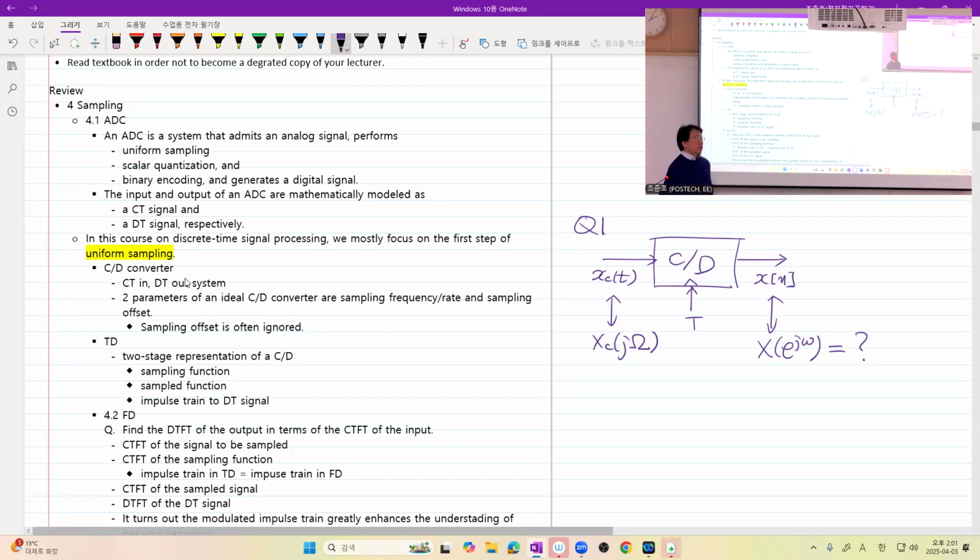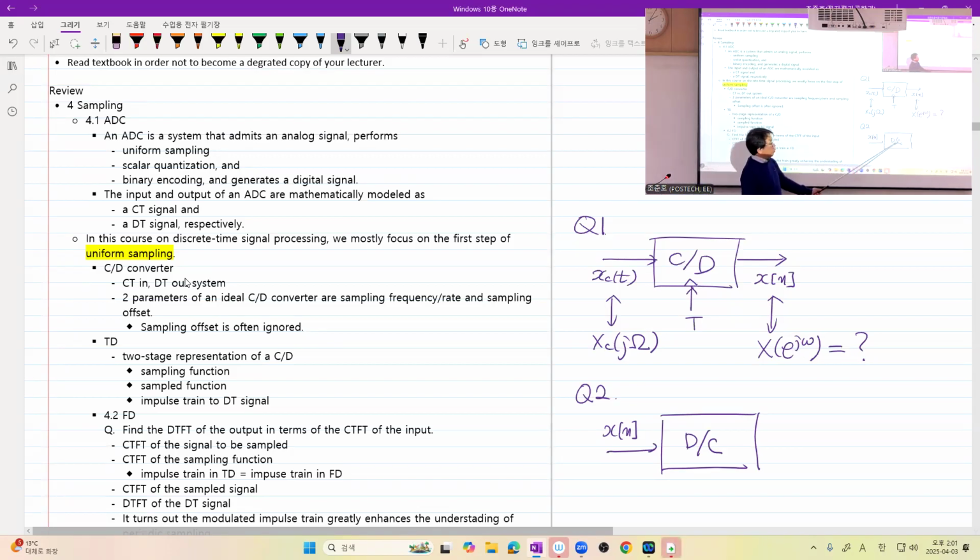And this is the first question. And the second question is this one. So now you have the DT signal, x of n. Then can we have a system that may be called a DT to CT converter, generating some x sub r of t.